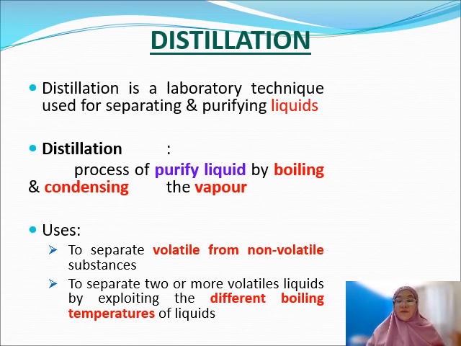After boiling, the solvent will be vaporized, and then after undergoing condensation, it changes from vapor into liquid. So the process of distillation is boiling, changing the liquid into vapor, and then condensing, which means liquefying the vapor, so the vapor changes into liquid.